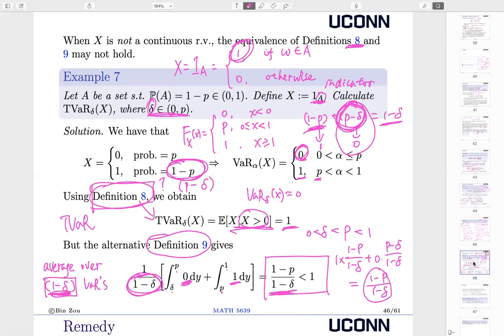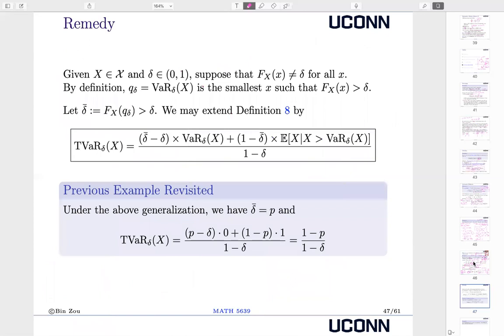So from this interesting example, we already know how to rectify the underestimation for the probability. What we exactly need is to find the level. In the definition of VaR, we have to make this greater than or equal to delta. Of course, if you take equality, there's no issue.